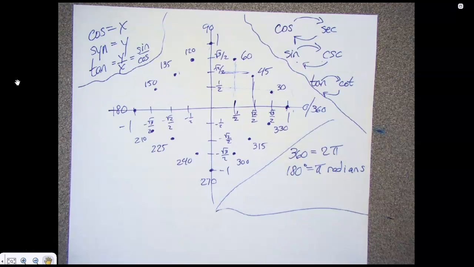Alright, so let's start flipping them. Let's say cosecant of 135. Try that.